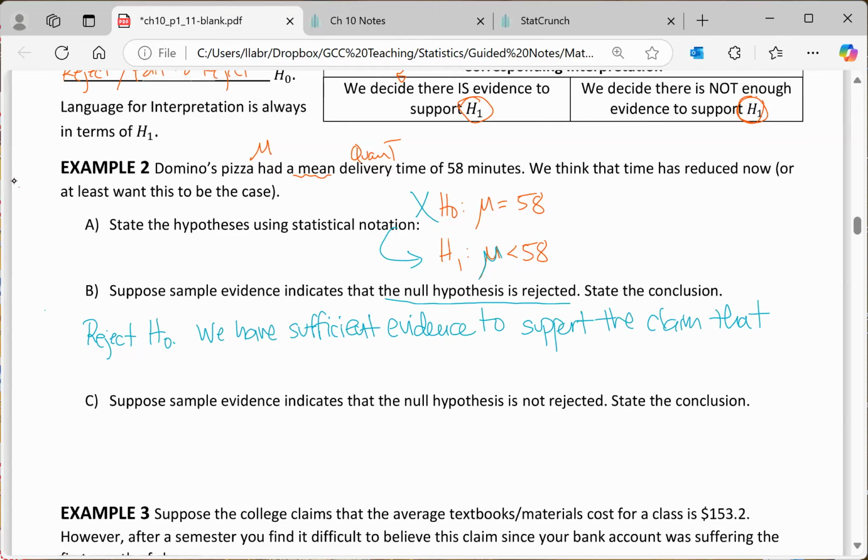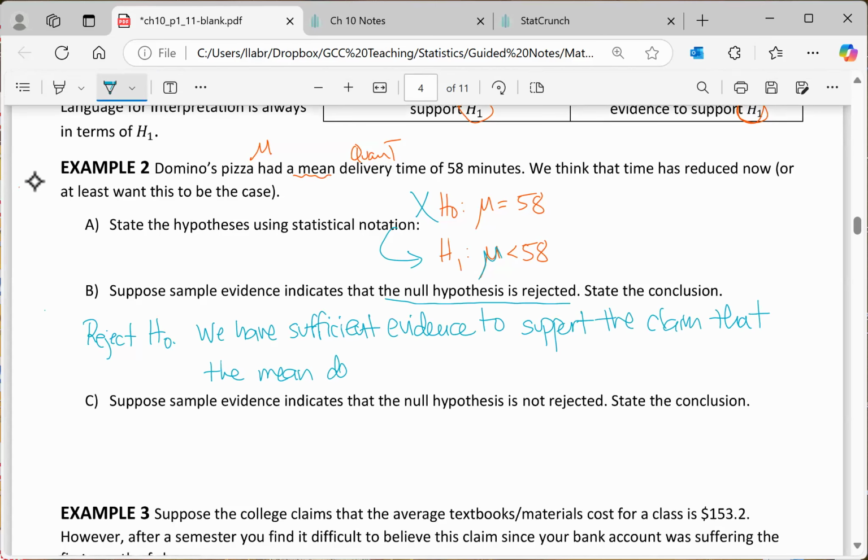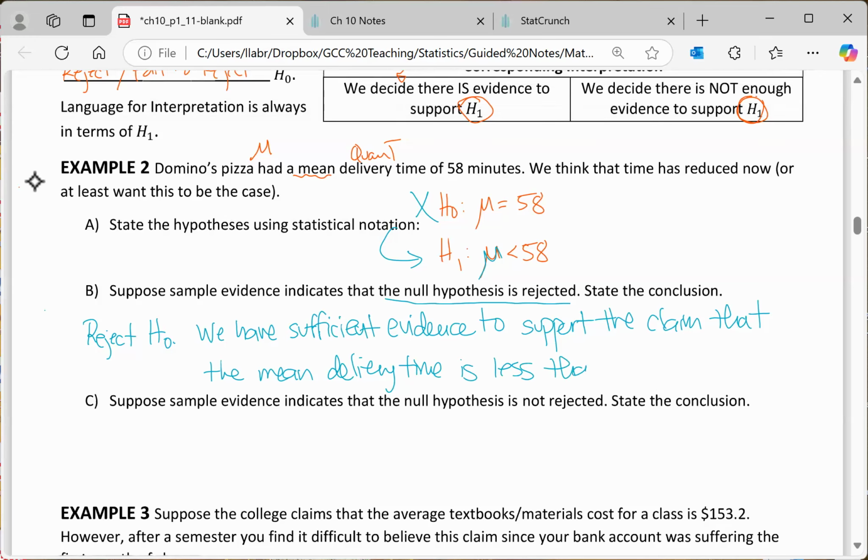Mu in this case is the mean delivery time for Domino's. The mean delivery time is less than 58 minutes. And that's it. So I've summarized the results of the hypothesis test, and I also state my conclusion, always in terms of the alternative. All right, let's move on to part C.